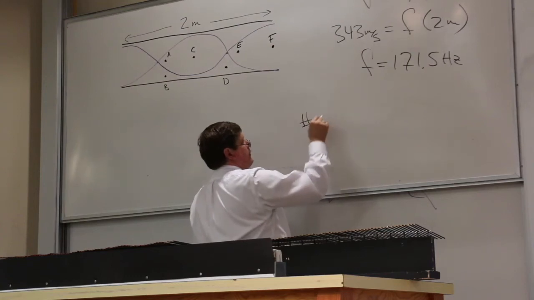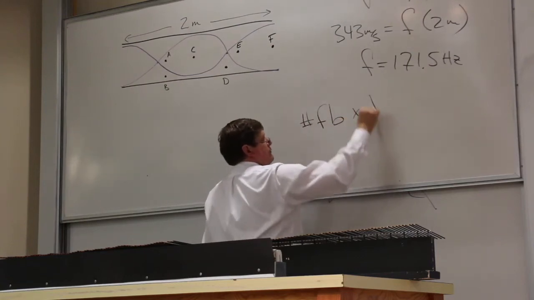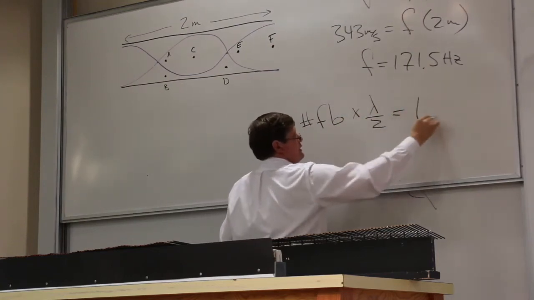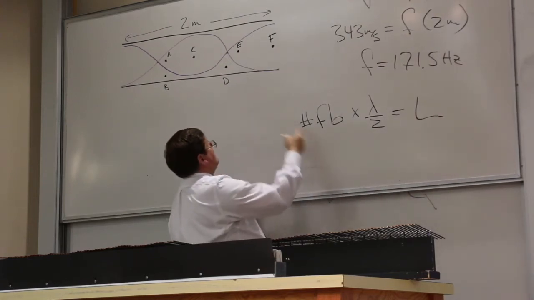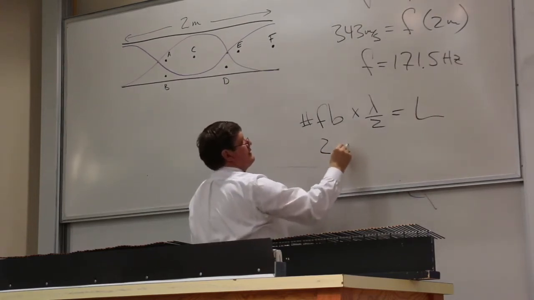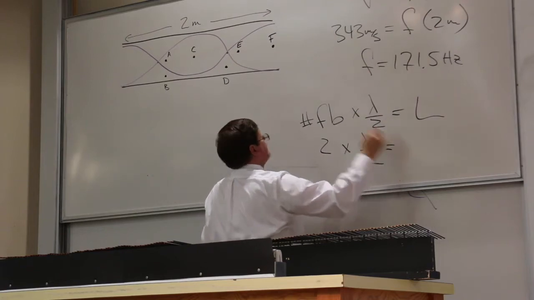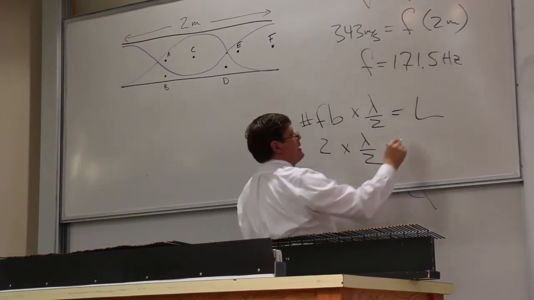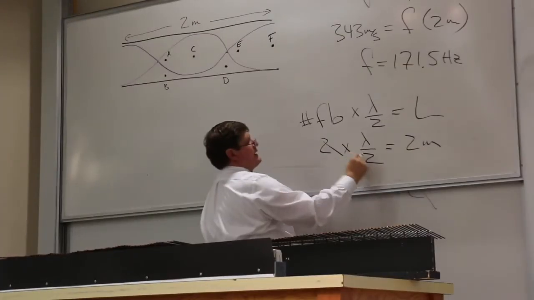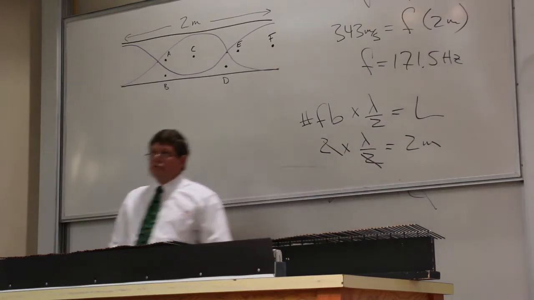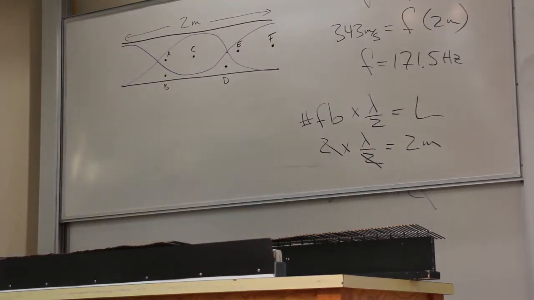The number of footballs times lambda over 2 is equal to the length of the system. Well, here I've got 2 footballs times lambda over 2 is equal to the length of the pipe, 2 meters. Well, that gives me lambda is equal to 2 meters. I don't even have to know which lambda it is, that it's the second harmonic. I'm still going to get the right answer for the frequency.